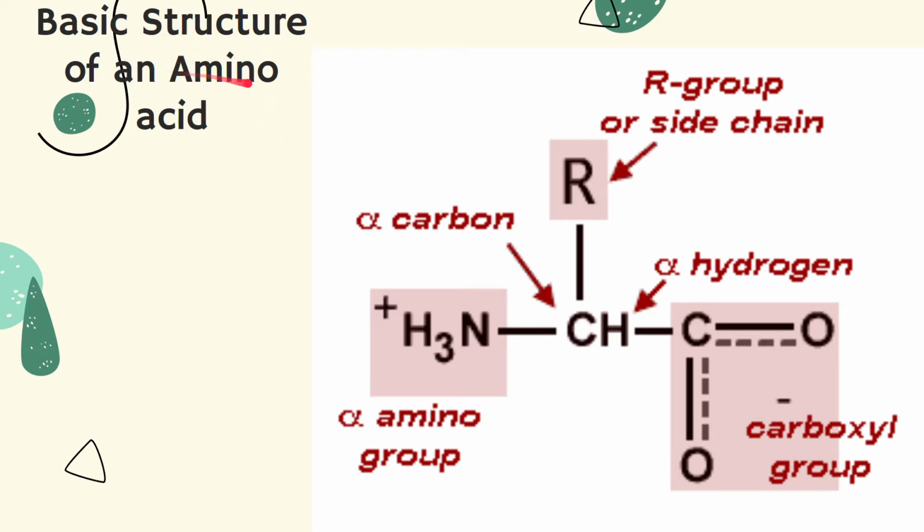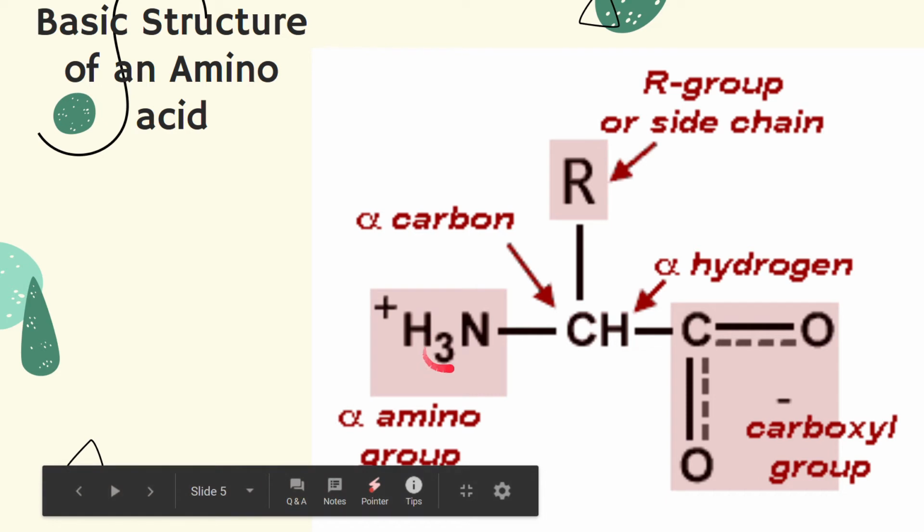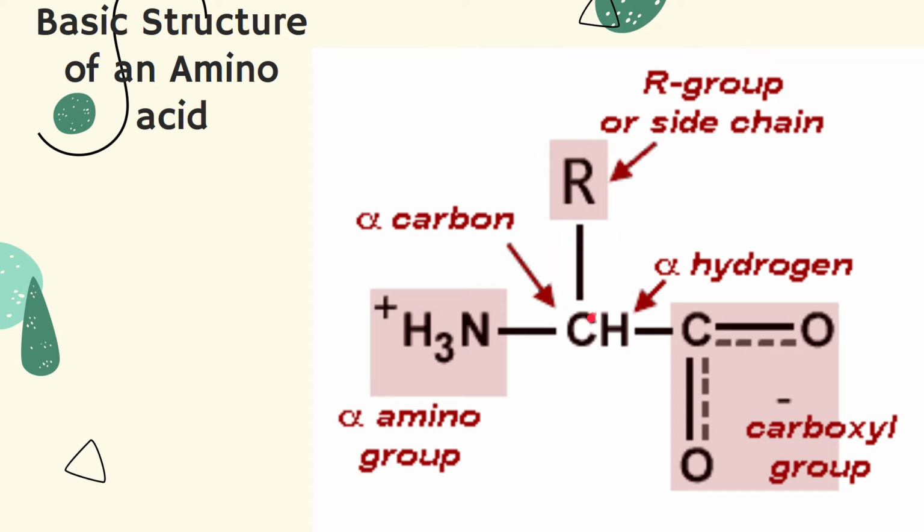So the basic structure of the amino acid is shown here. You have your amino group, your carboxyl group, your alpha hydrogen here, which is just showing you that this other group bound to your carbon is your R group, which varies depending on the type of amino acid that you're talking about. So these different amino acids, you have essential and non-essential.